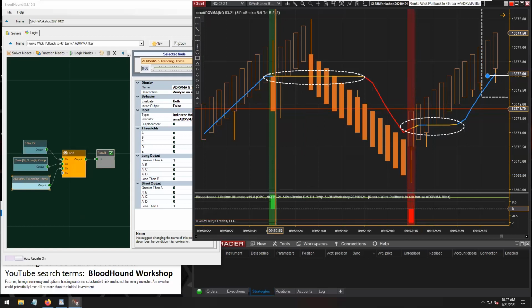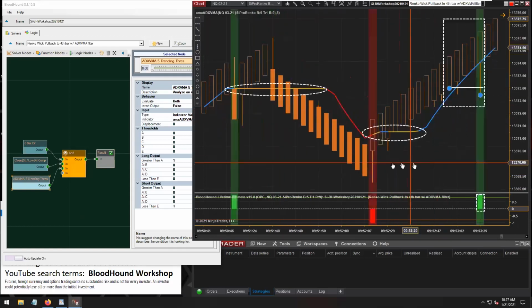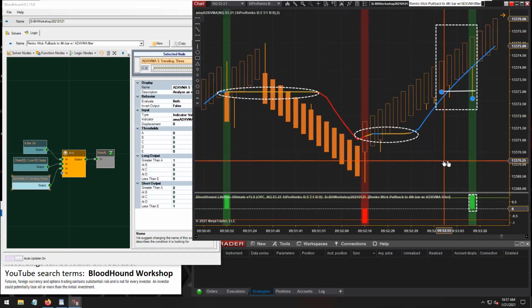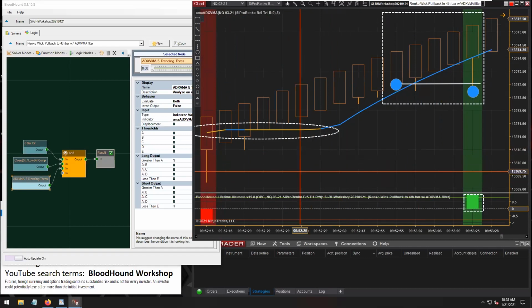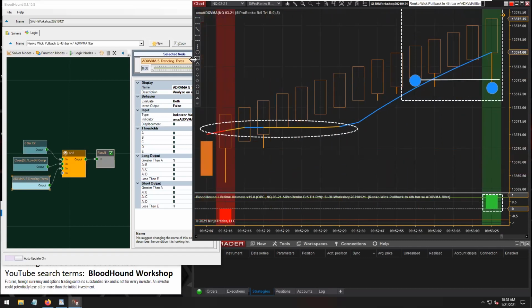So why is there a signal on a lot of these reversal bars here? Well, let's go back to our little working example here. Let me take a little measurement here, right?